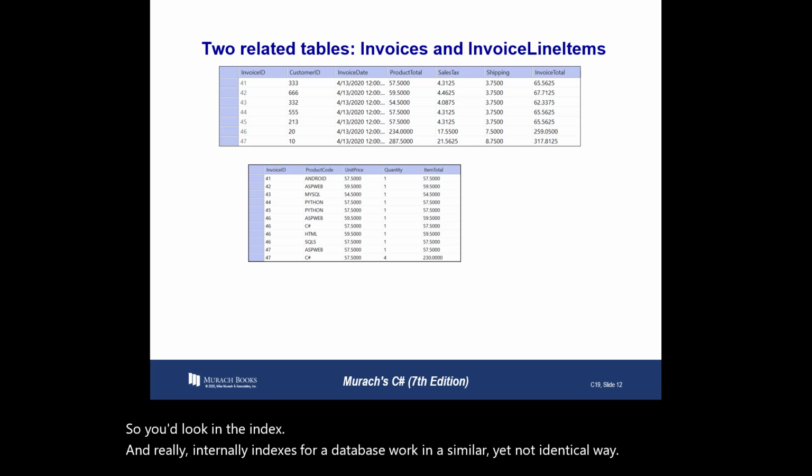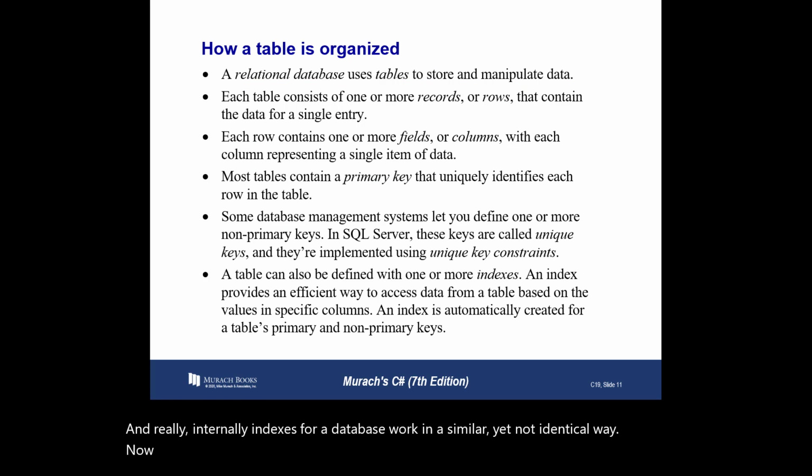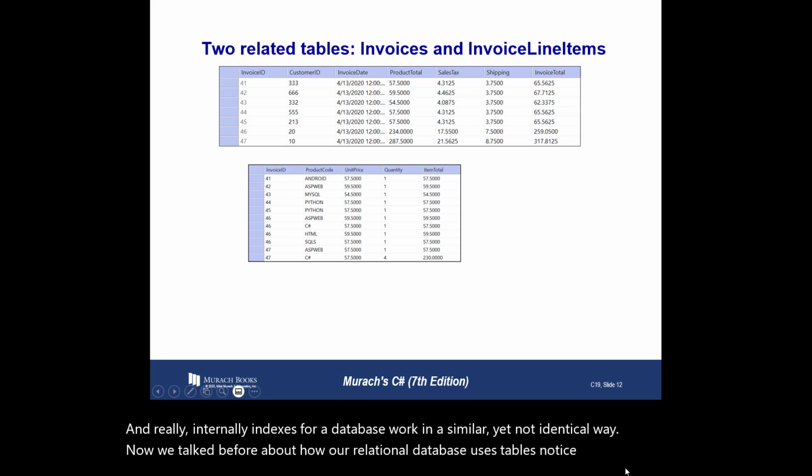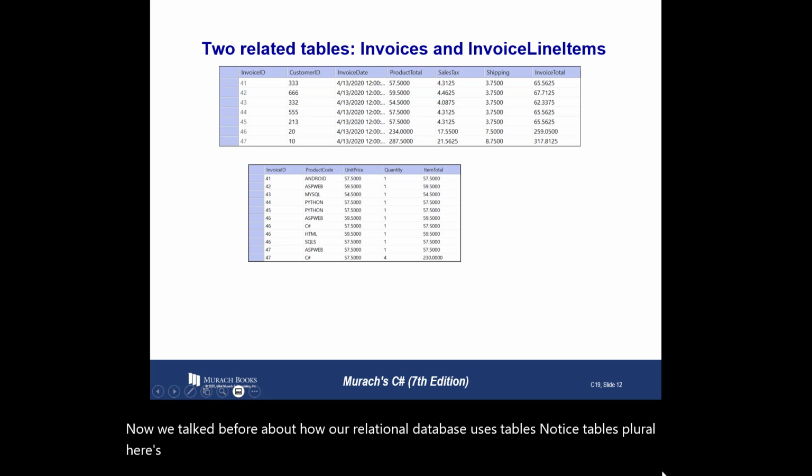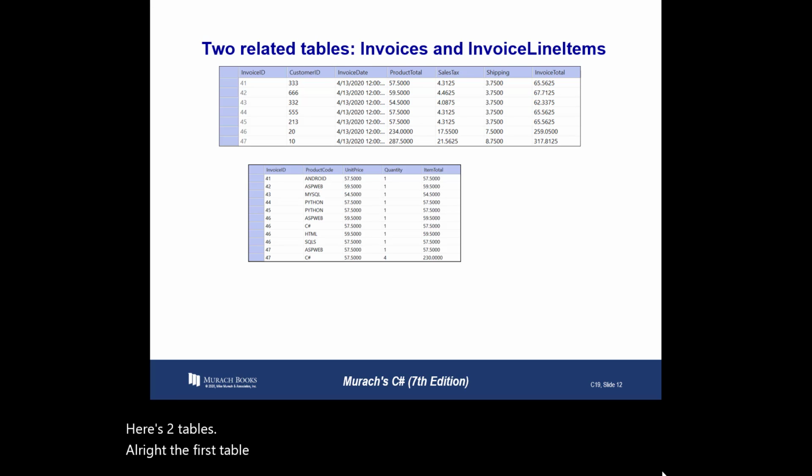Now, we talked before about how a relational database uses tables. Notice tables plural. Well, here are two tables. The first table has all sorts of information about invoices. And the second one has information about the items that make up those invoices.